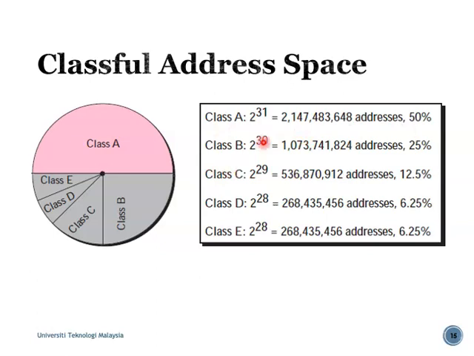For class B it is 2 to the power of 30, for class C it is 2 to the power of 29, and so on. Basically, the address space is 2 to the power of n, where n is the number of bits that define the address.